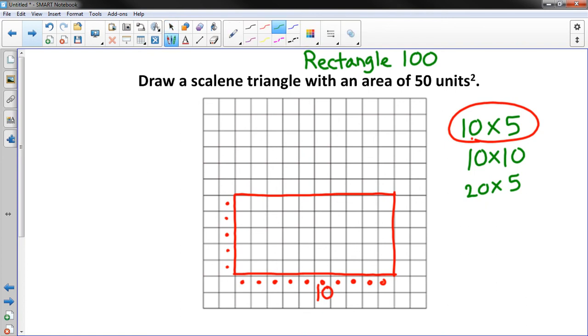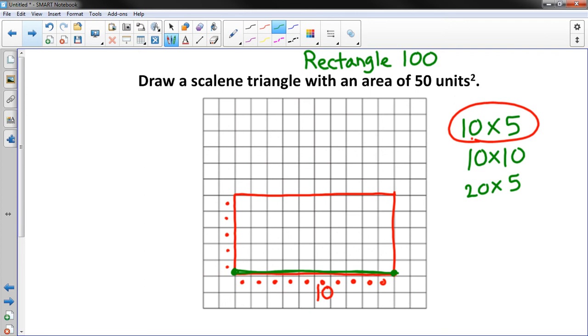Scalene means all the sides are different lengths, so I don't want it to be even. Well, this will be the base of my triangle here, that 10. And now I just need to find a place to put the peak that's just not even.